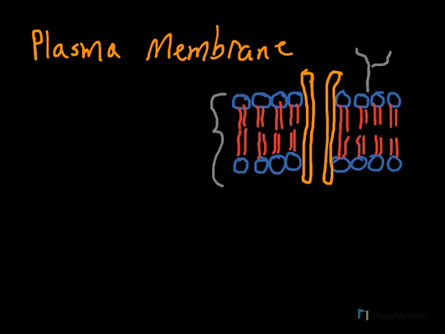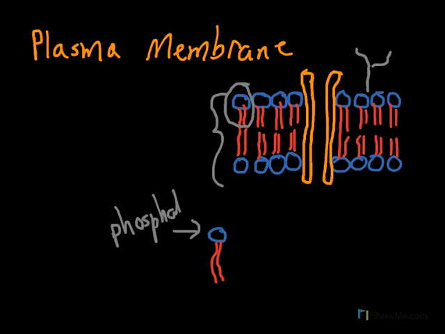And I'm going to look at one phospholipid right here, and we're going to draw that separately. So what we'll do is we'll draw it down here, and you need to draw that as well. So basically what we have in a phospholipid is two parts. We have a phosphate molecule and a lipid tail.